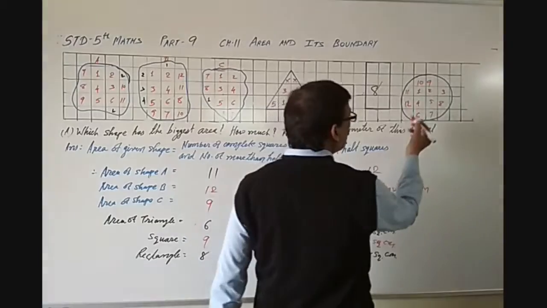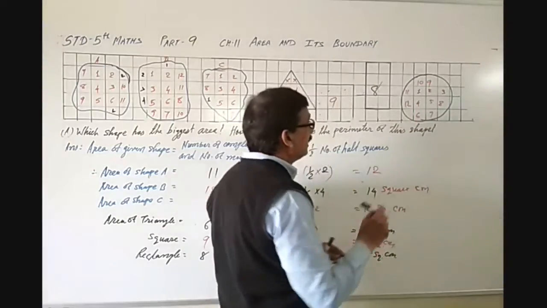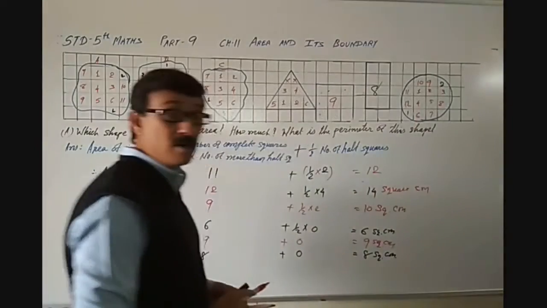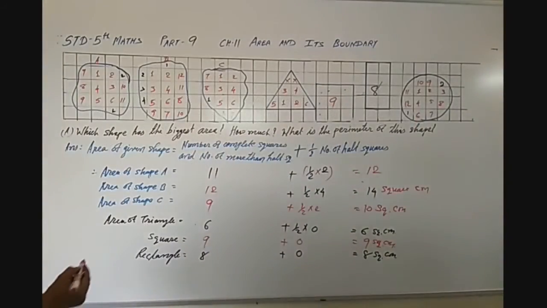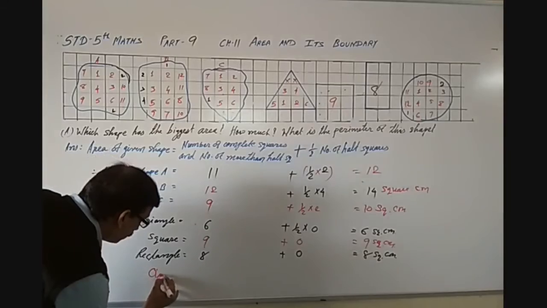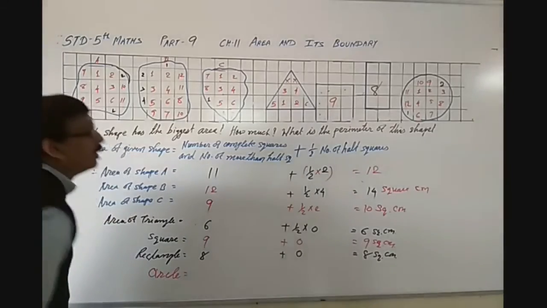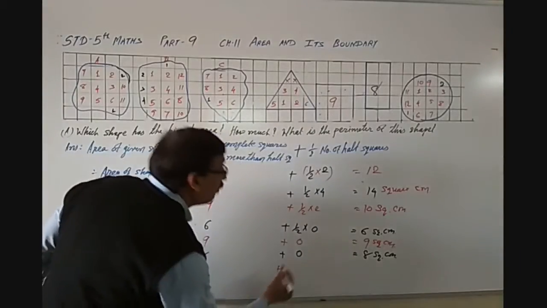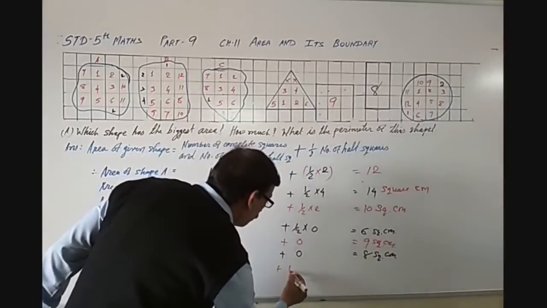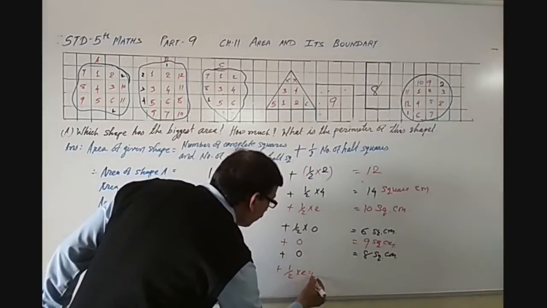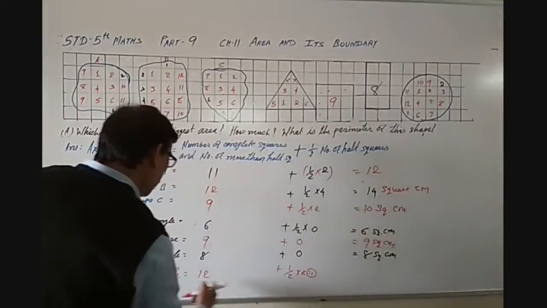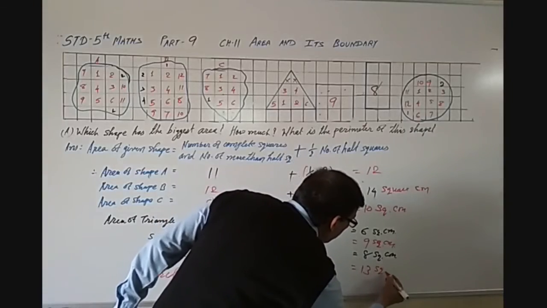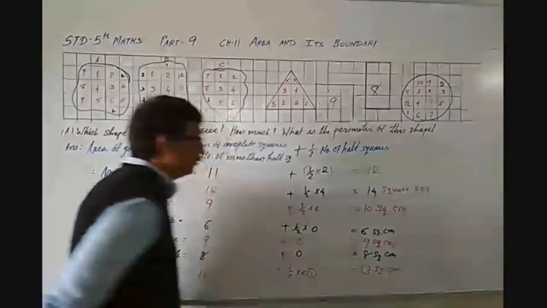And say these two are half, 1 and 2. So total 12 squares which are complete or more than 1/2, and half squares, those are 2. So 1/2 multiplied by 2 is equal to 1. So 1 plus 12 is equal to 13 square centimeter.